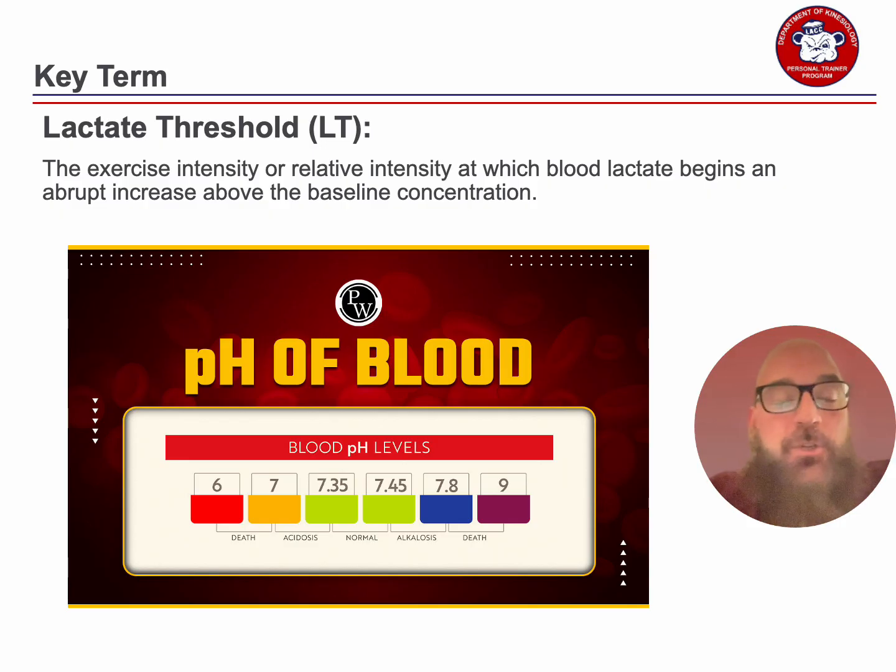If you remember chemistry; if you don't, I don't know what to tell you. LAUSD has failed you. I apologize for that, but it is what it is. So basic is over to the right, acidic is over to the left. But either side we go is death. So we don't want our bloodstream becoming too acidic or too basic.